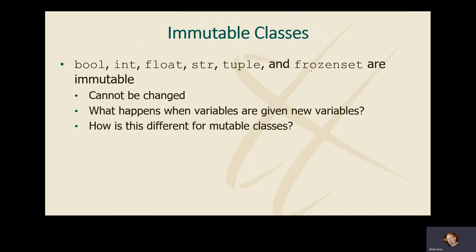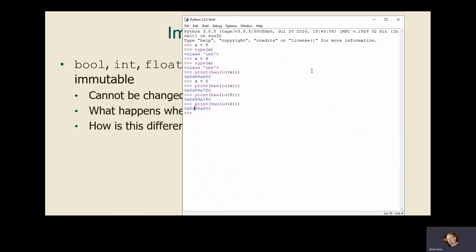How is this different from mutable classes? I mean, we can do this again. Let's change x to a list of 2 elements, and we can print out the hex, and then we can change it to a list of a different 2 elements, and we can print out the hex, and we can see that that hex changed. So clearly, things can't be that different, right?